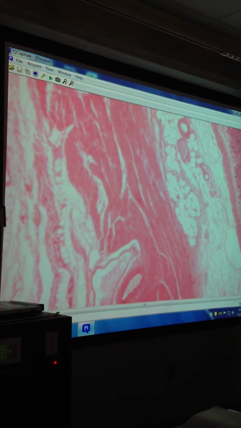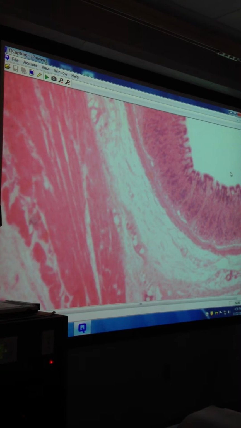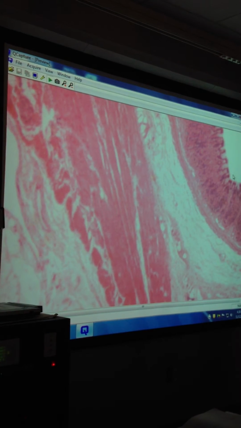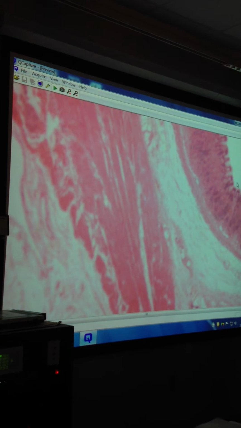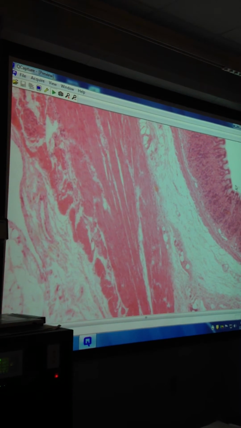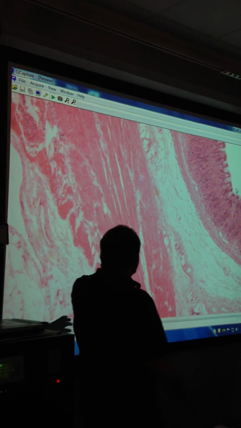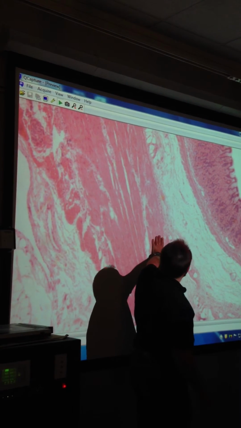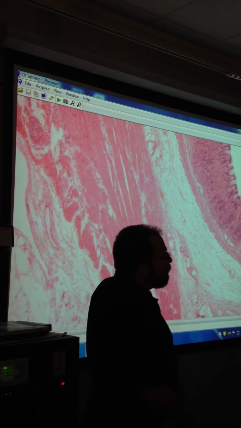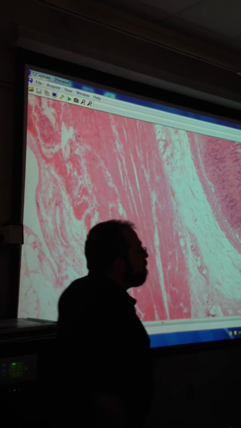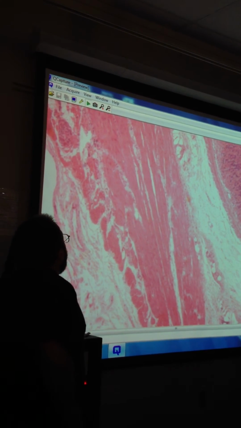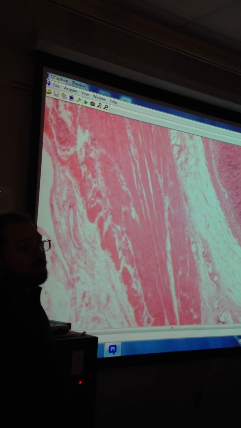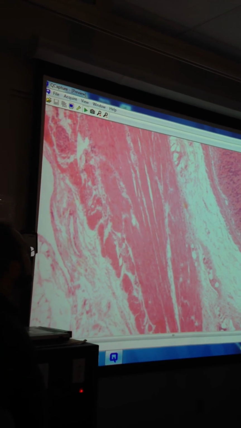And the answer is not really. This is clearly a separate layer, and then this and this might be separate layers, but they're all kind of interdigitated, not three very clear layers. It has a lot to do with how it was sliced and what angle it was at.